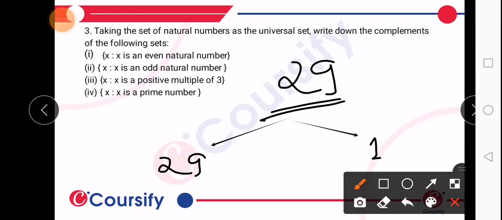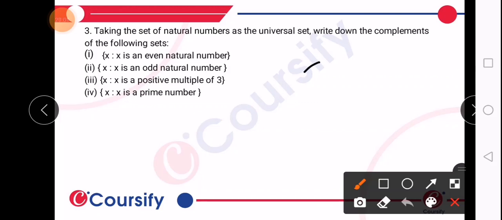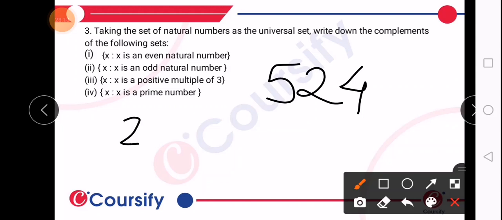Let's say for example, if I take 524, now it has so many factors. First, we can divide it by 2. It is divisible by 2. Next, it's divisible by 4 because 4 ones are 4, 4 threes are 12, and the remaining 4, 4 ones are 4.